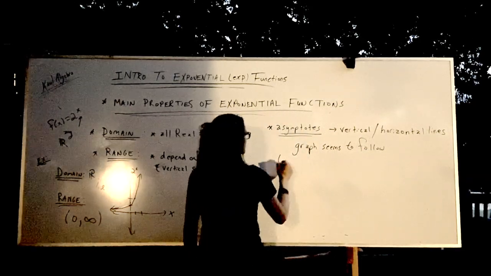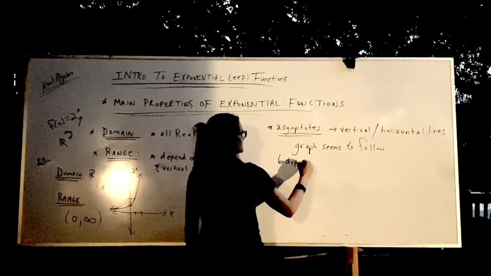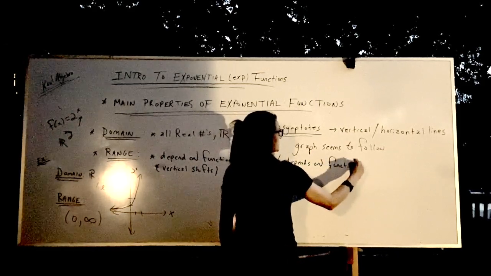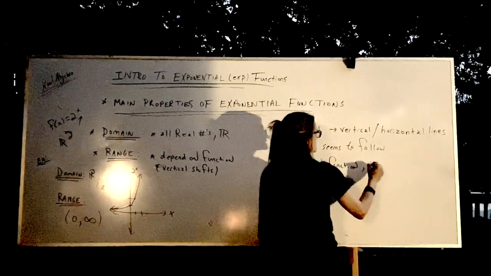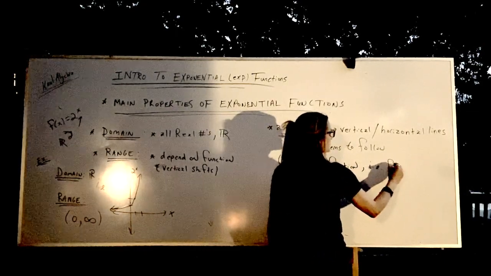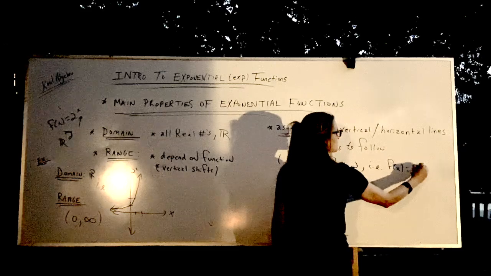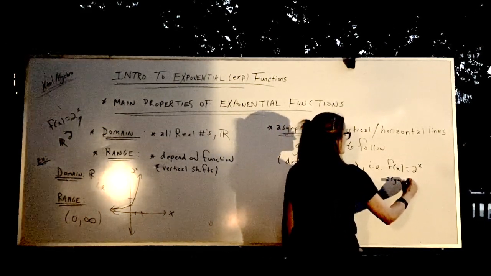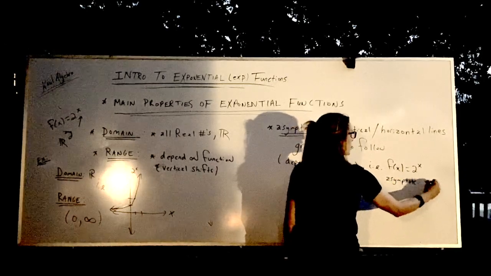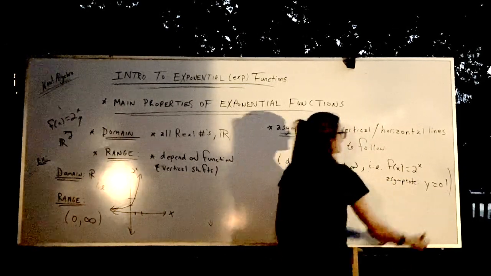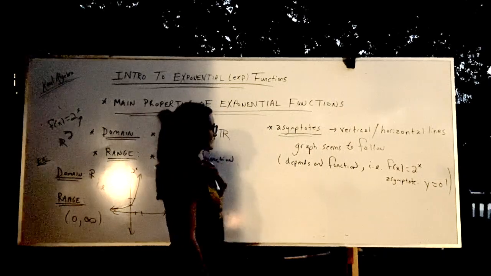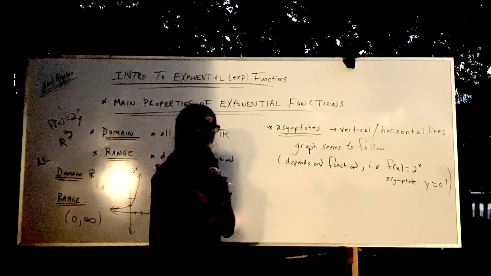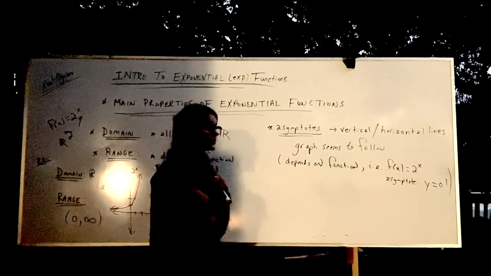So it's going to depend on the function. So for example, if we had f of x equals 2 to the x power again, the asymptote is y equals 0. Okay, very important. We saw that when we actually looked at the graph, and that's a good way to identify them if you're ever unsure. Look at your graph.